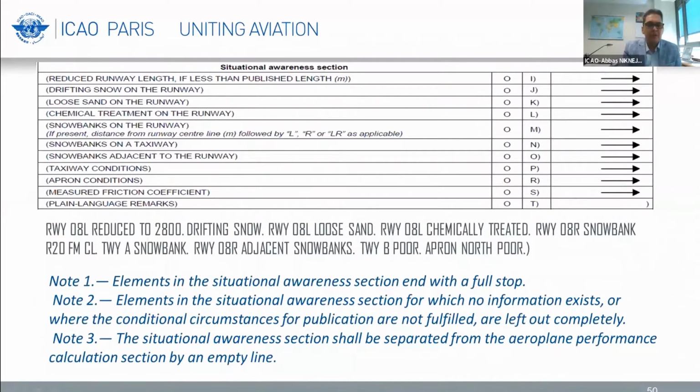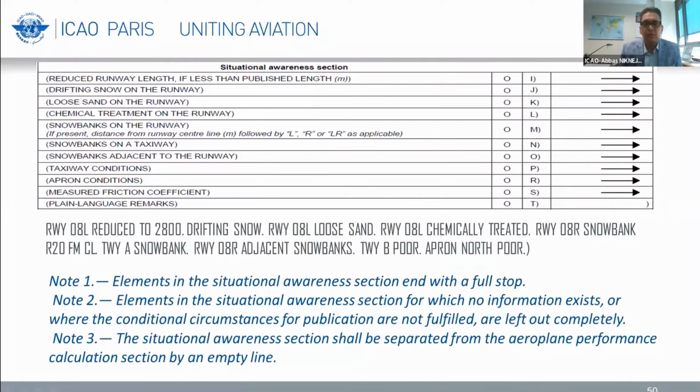And here there is some syntax information on the Snowtam situational awareness section. Elements in the situational awareness section end with a full stop. And when there is no information for any item in the situational awareness section, or even if there is no information on the whole part, you will just leave it empty.